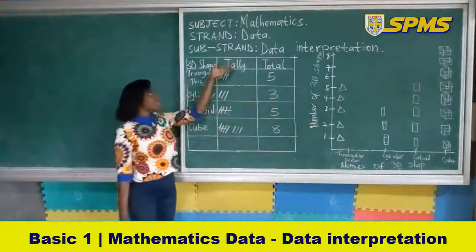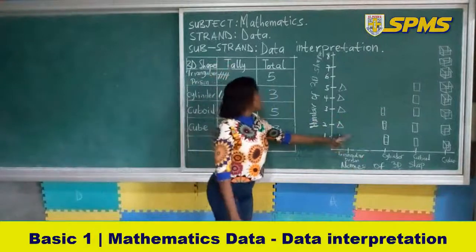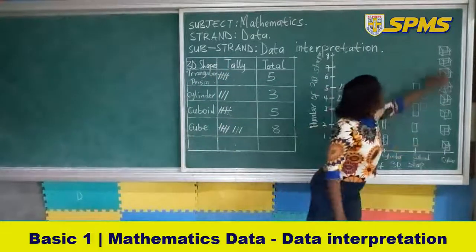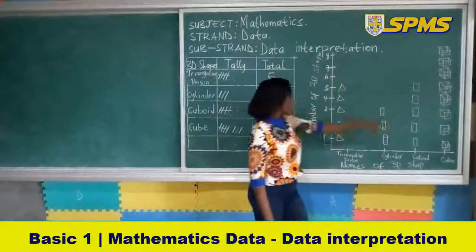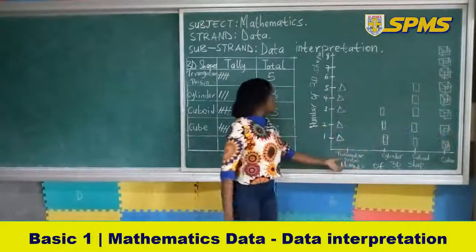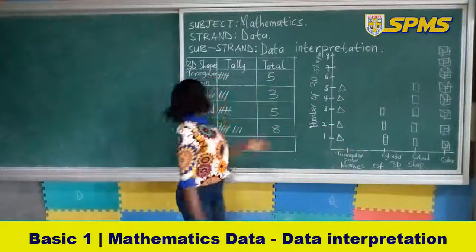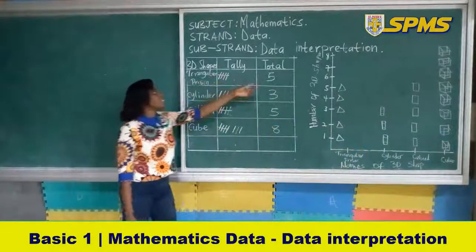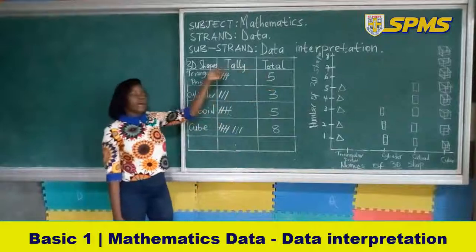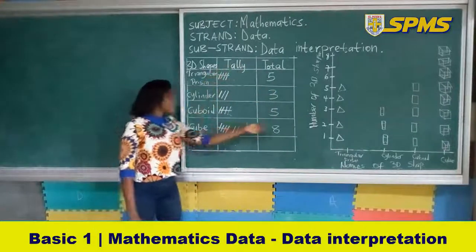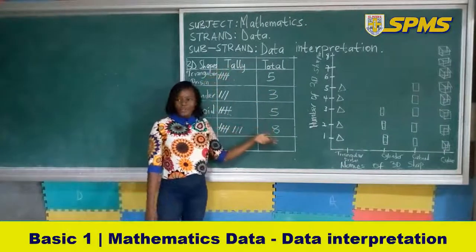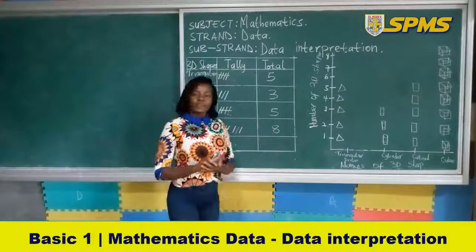Looking at the tally chart, the cube is more than the triangular prism. So the answer is no. Even when you come here, we had 5 for the triangular prism and we had 8 for our cube. So the answer is no.